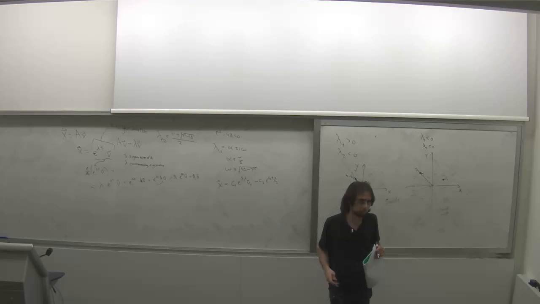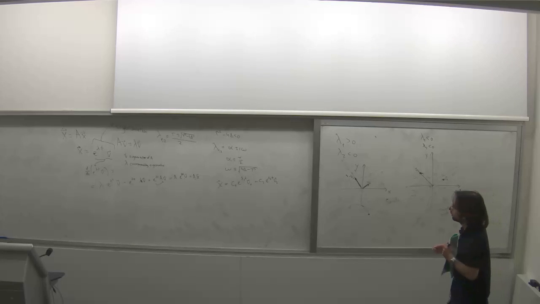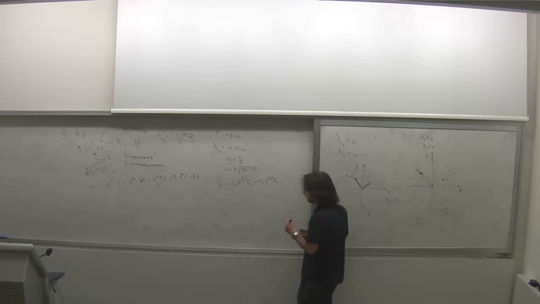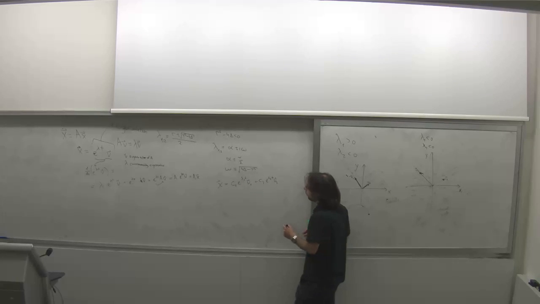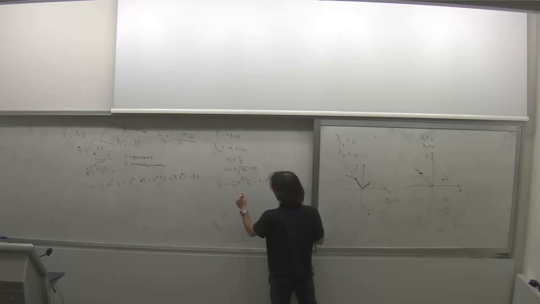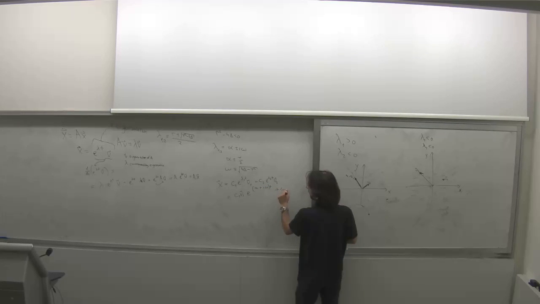Each component is a complex number. But the important thing here is the dependence on t. So basically, we have c1 v1 e to the power of alpha plus i omega t, plus c2 v2 e to the power of alpha minus i omega t.